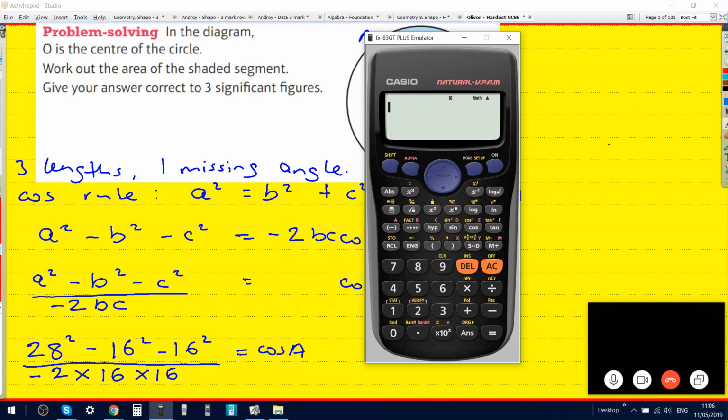No, I think it's supposed to be 28 squared minus 16 squared minus 16 squared again. Okay, so I'll try without brackets and just see what happens. Oh no, it's the same. Oh, on the bottom is 2 minus 16s, isn't it? Oh, that should get you the same thing though. No. On the bottom, it's just normal 16.